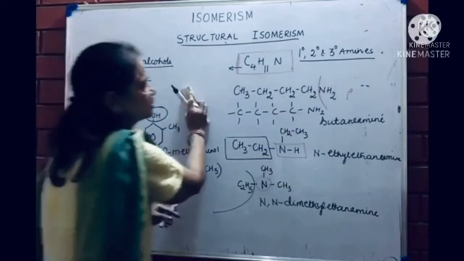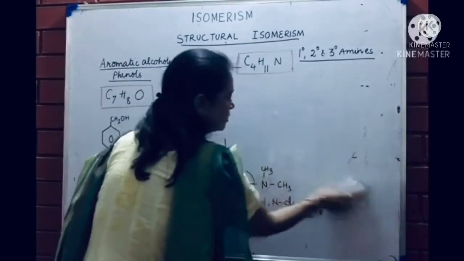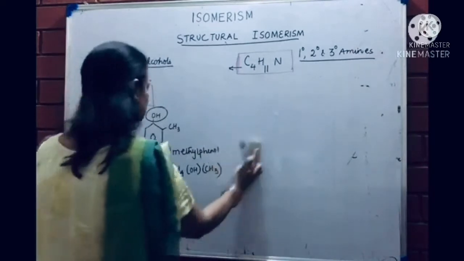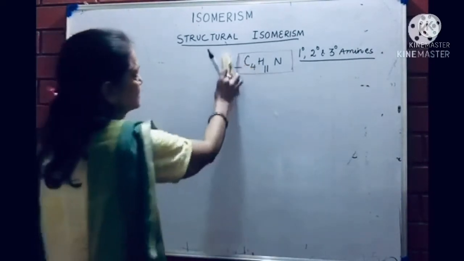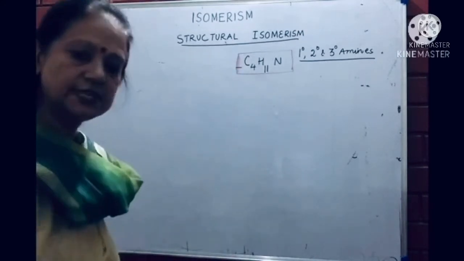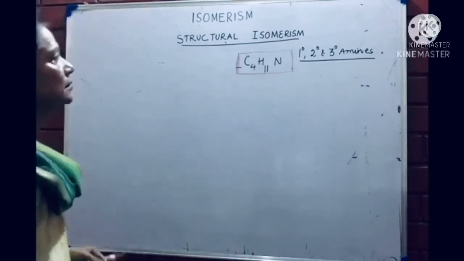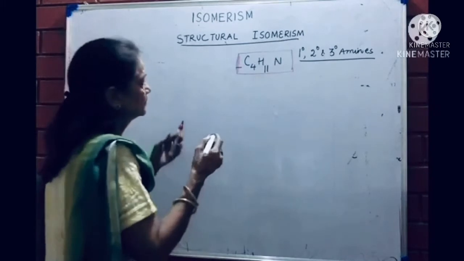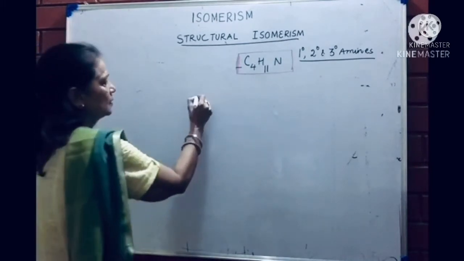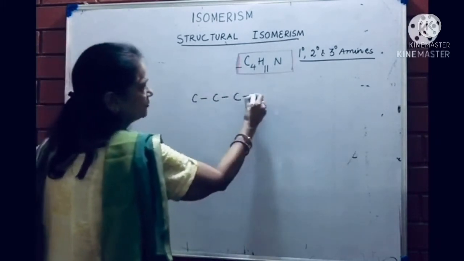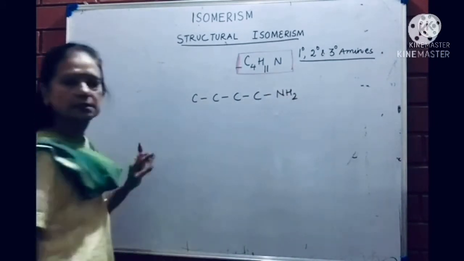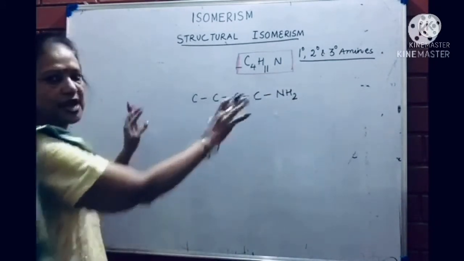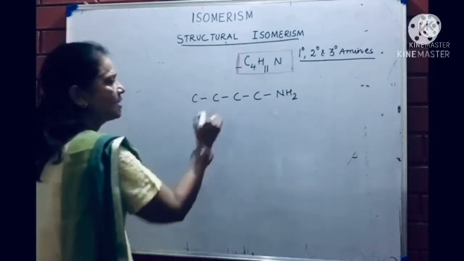Now supposing the same formula is given to me and I now say make chain isomers. Okay, so 1, 2, 3, 4 carbon atoms and NH2 at this point. This is one isomer. You can put hydrogens later. I want to make a chain.